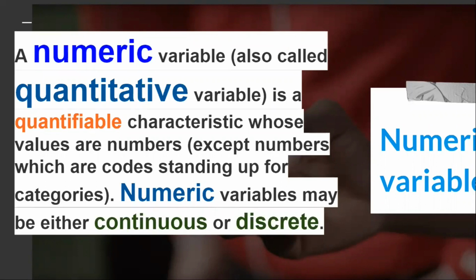So the last one, the second type of variable that we just present to you is numeric variable. A numeric variable, that is also called quantitative variable, is a quantifiable characteristic, contrary to categorical variable that is not quantifiable.